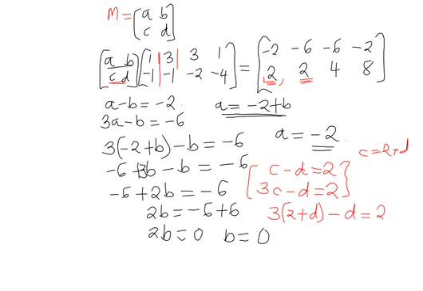We open the brackets, and this becomes 6 plus 3D minus D is equal to 2. We collect the like terms together.